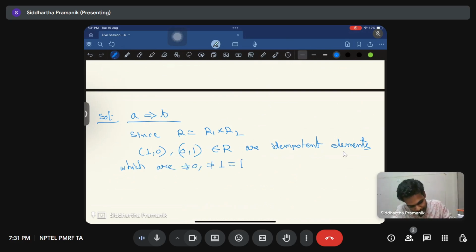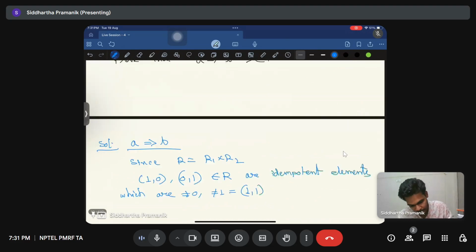Here 1 is basically the tuple (1, 1), and 0 is the tuple (0, 0). So A implies B is very easy.